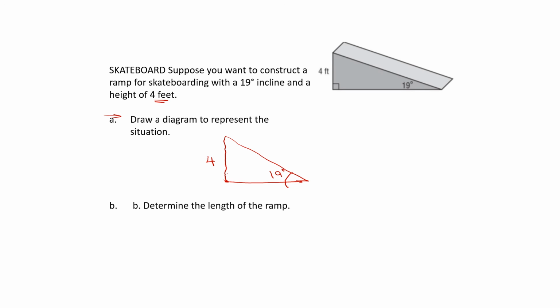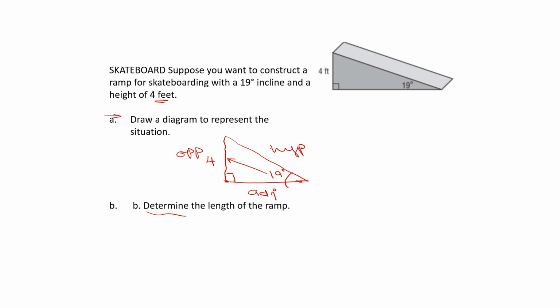Although the diagram is given to us, you can make a nice diagram in which you label it. The side which is opposite to theta is said to be the opposite. The biggest side, the ramp side, is said to be the hypotenuse, and the horizontal line will be your adjacent.